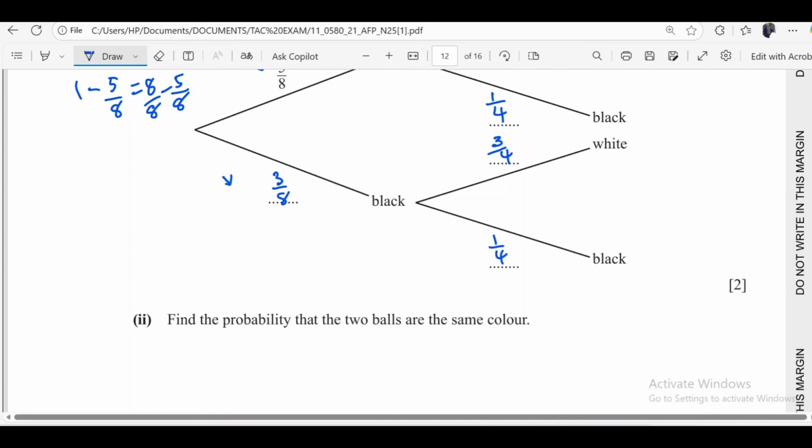Find the probability that the 2 balls are of the same color. They are the same color, so it's either they are white, or they are black. That's what we mean by the same color.